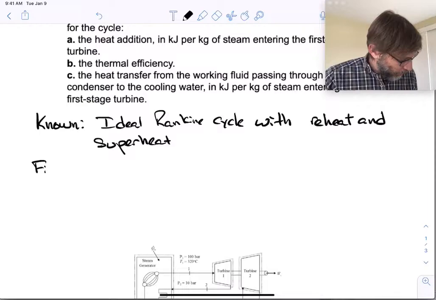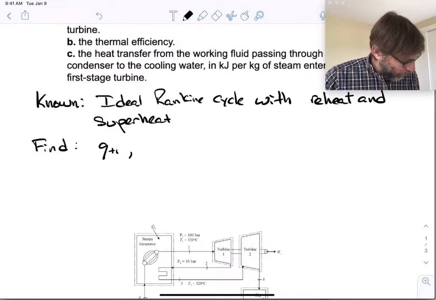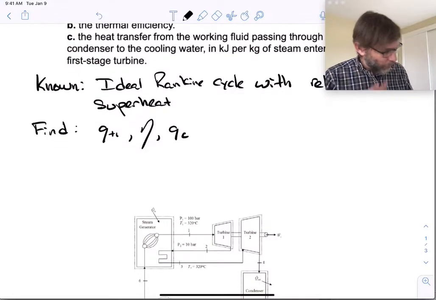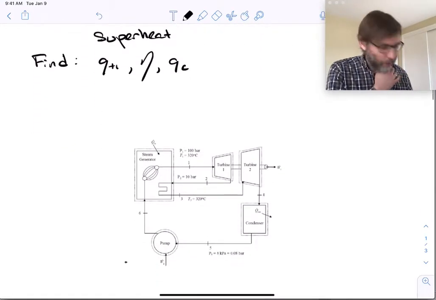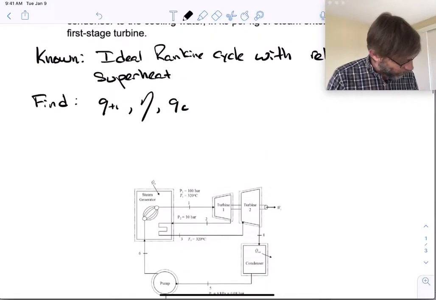We have to find the heat addition to the first stage of the turbine, which we'll call Q in 1. We'll also find the thermal efficiency of the cycle, and the heat transfer from the working fluid passing to the condenser and the cooling water, which we'll call QC. They're calling it Q out here. I'm going to label this diagram differently.